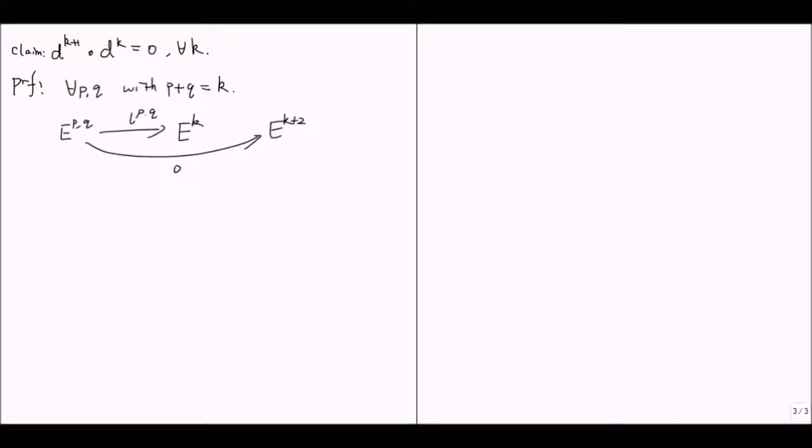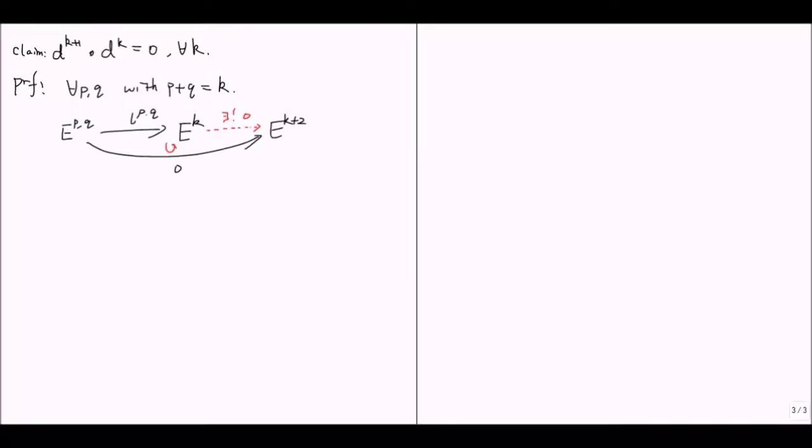By the universal mapping property of E^k, which is a direct sum, there's a unique arrow from E^k to E^{k+2}, making this triangle commutative. Since this dotted arrow is unique, it must be 0, simply because the 0 arrow satisfies this property.